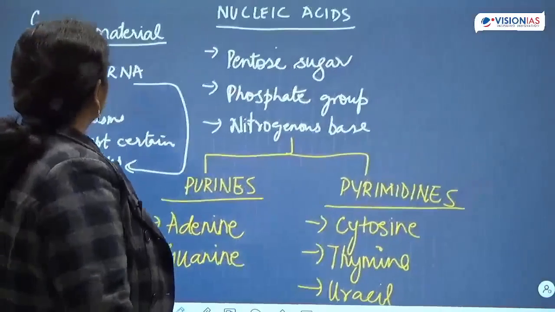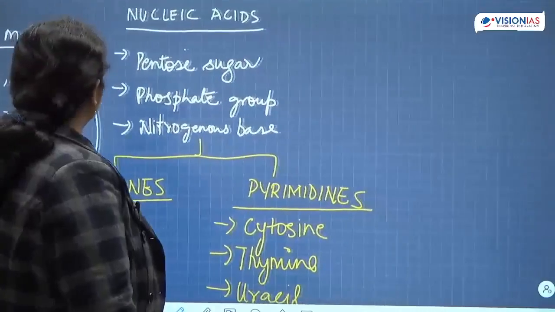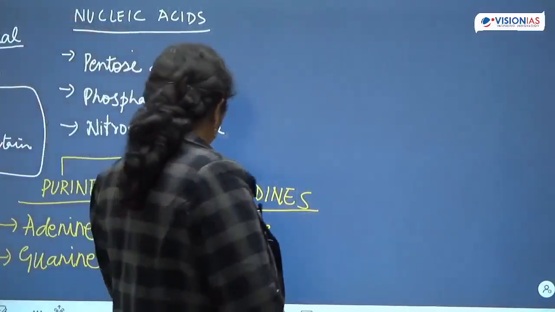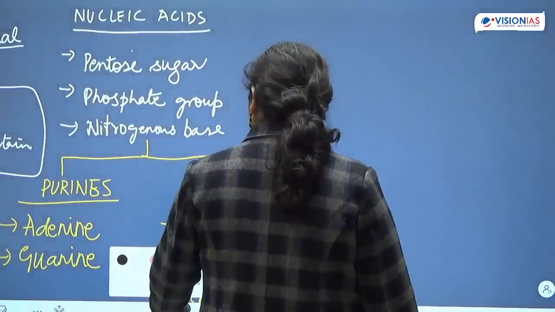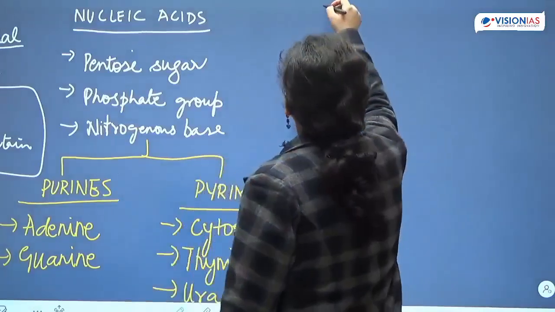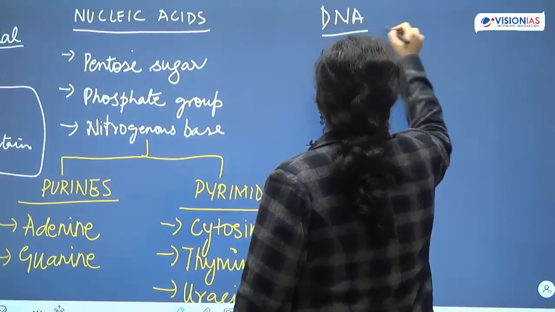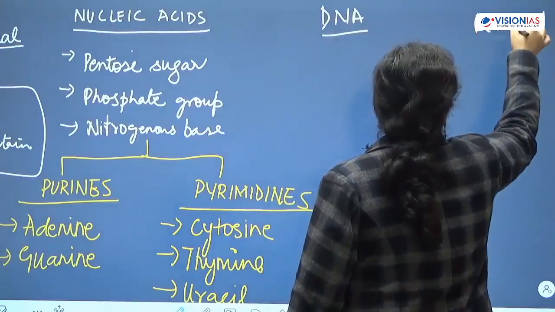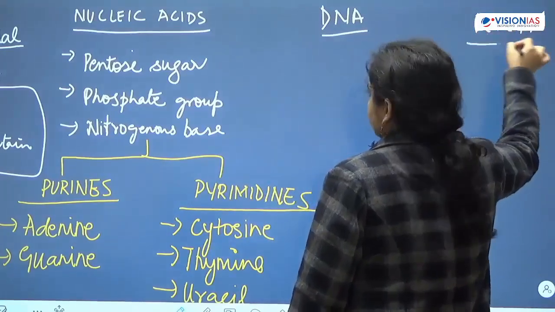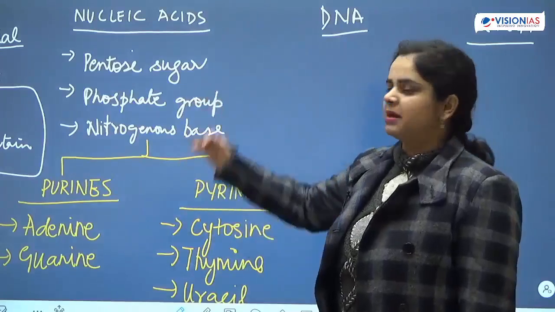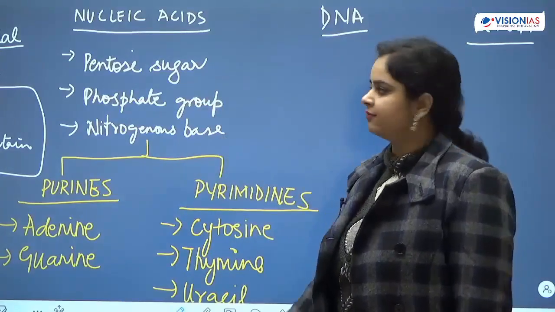Now, if we look at the structures of DNA and RNA, we can see certain points of difference there. The first point of difference is in the pentose sugar.